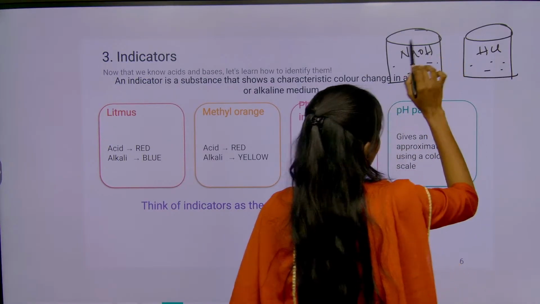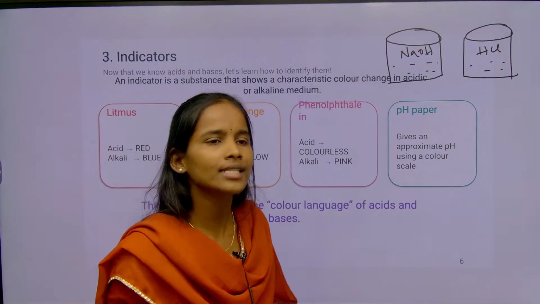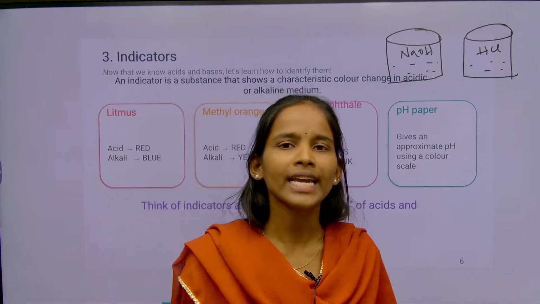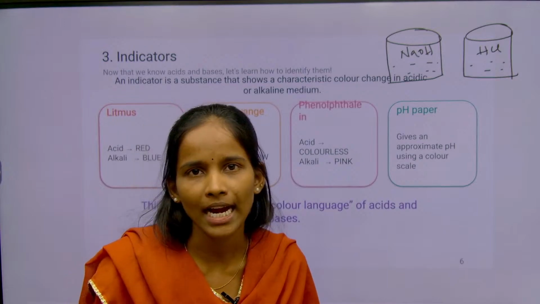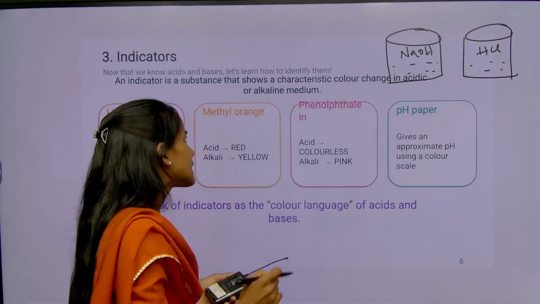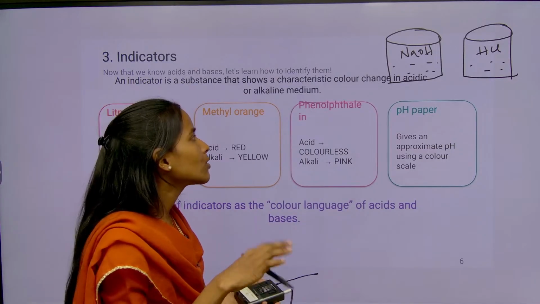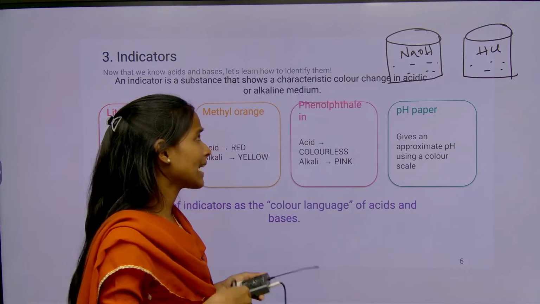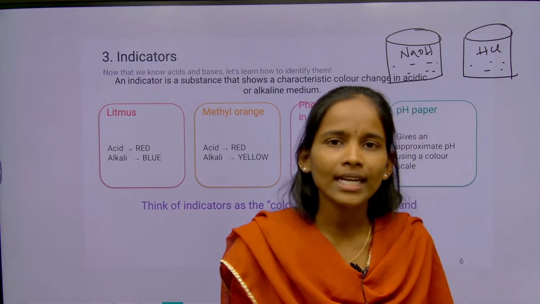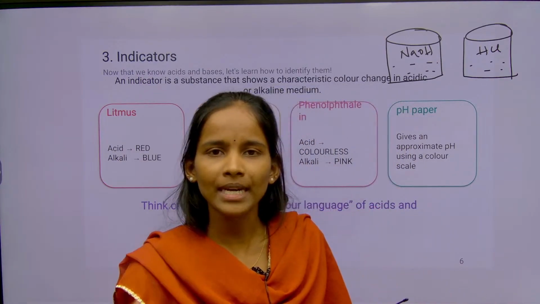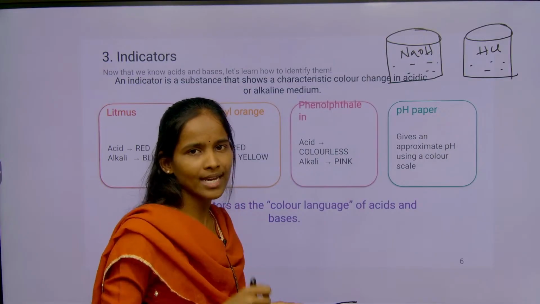I have prepared these two solutions and kept them in front of you, and I ask you to say which one is sodium hydroxide solution and which one is hydrochloric acid solution. Generally these two look similar, like water itself. So directly, is it possible to say which beaker contains NaOH solution and which contains HCl solution? Definitely no. So something should be there, right?